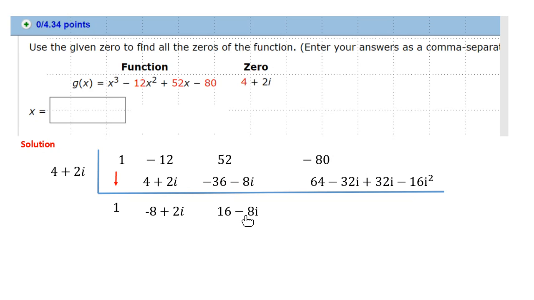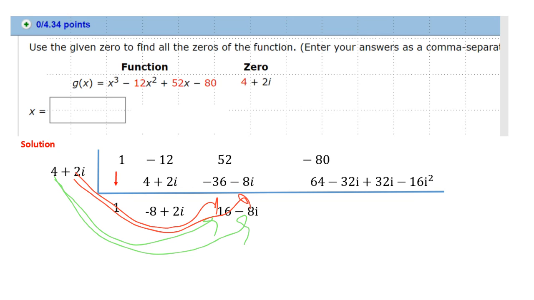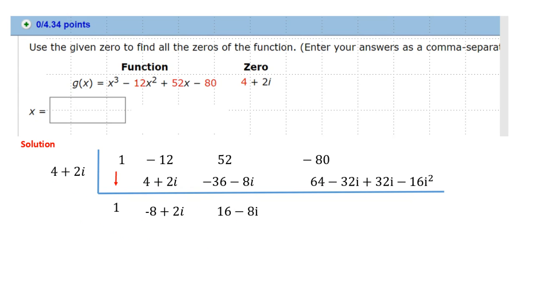And then we start again, right? We start multiplying again. So all of this times this, and this times this. Okay, so if I do that, then I have 4 times 16, 64. 4 times negative 8i is negative 32i. 2i times 16 is positive 32i. 2i times negative 8i is negative 16i squared. 32i and negative 32i is 0.